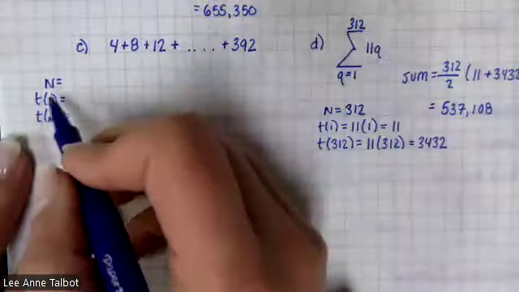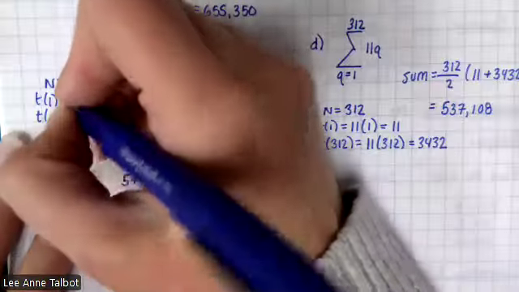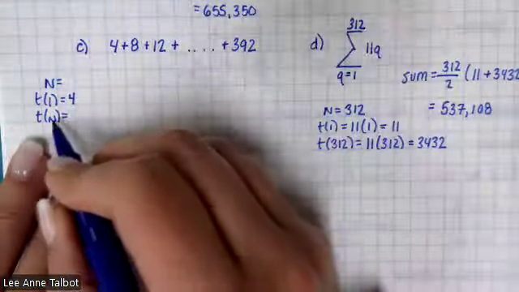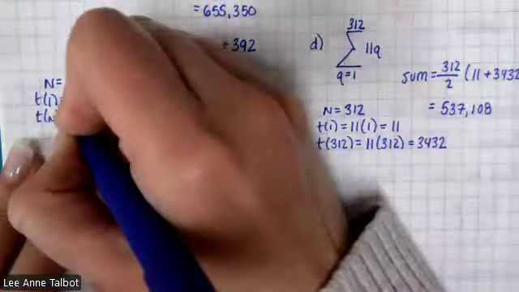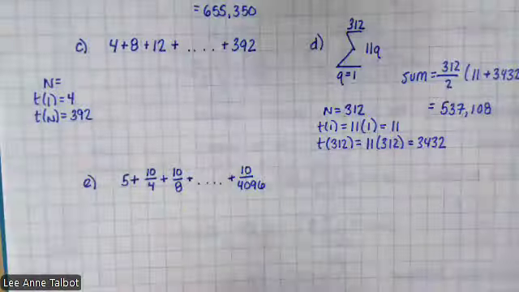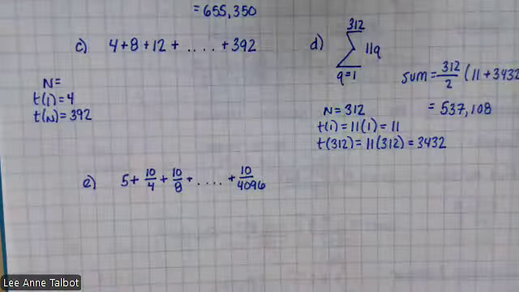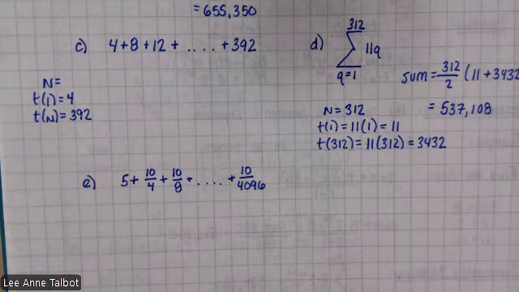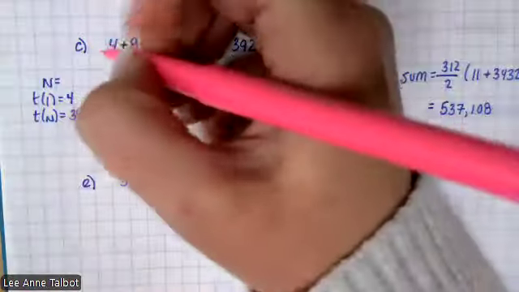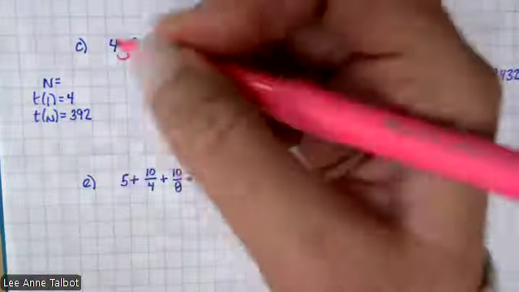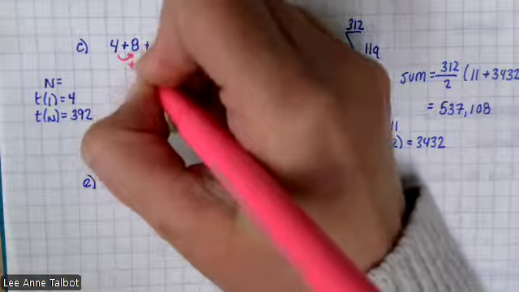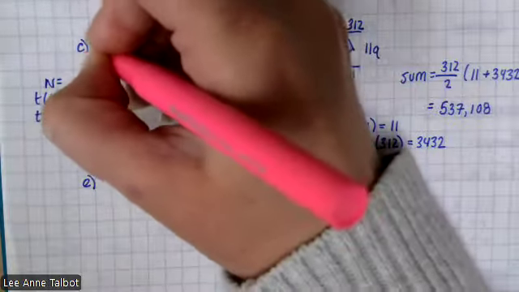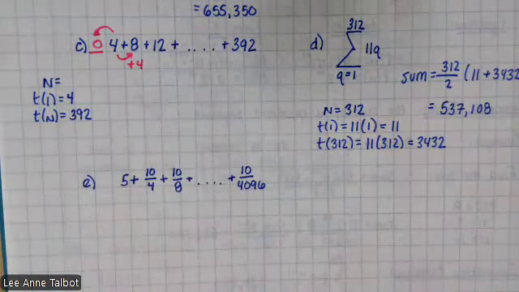N we don't know. T1 is 4. T of whatever we know is going to be 392, but the whole problem is we don't know what spot it's in. So what do we do when we're stuck? We go to the equation. This one's easy, so I'm going to do it in terms of term 0. This is going up 4 each time, and term 0 is 0.